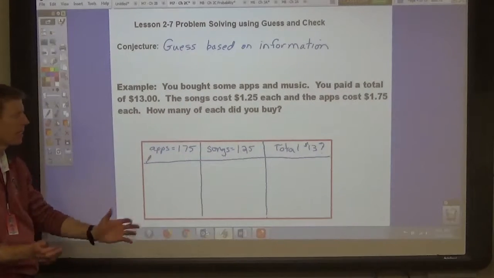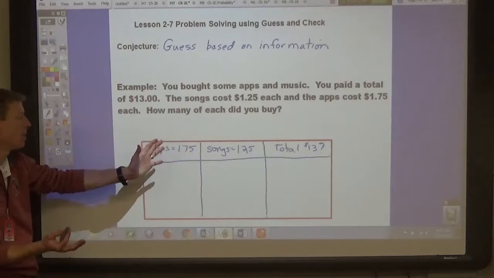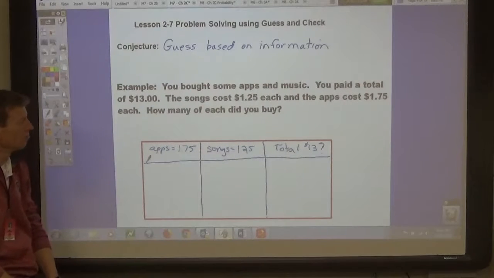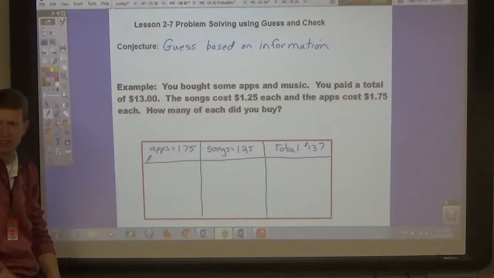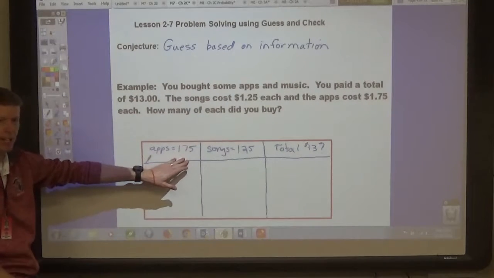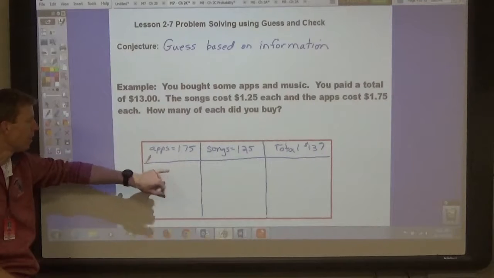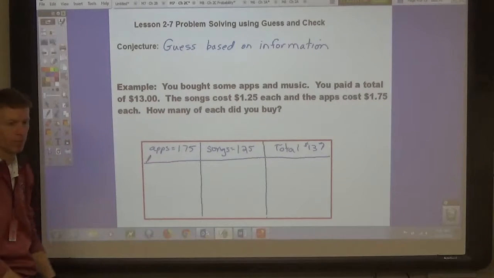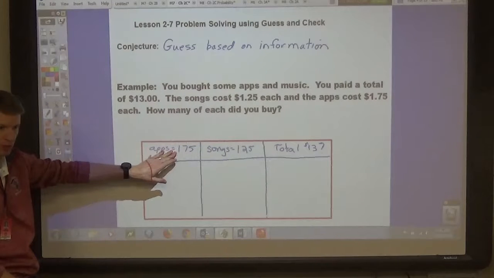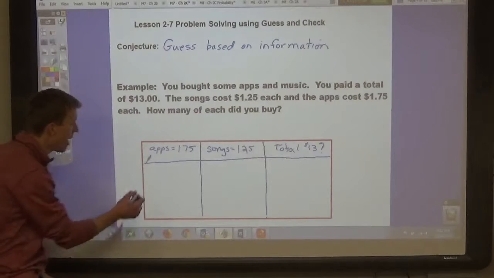So would it make sense to guess I must have bought like 20 apps and 20 songs? No, that's way over. Using estimation, that's way too many, right? Let's make an informed guess. Let's try 3 apps.